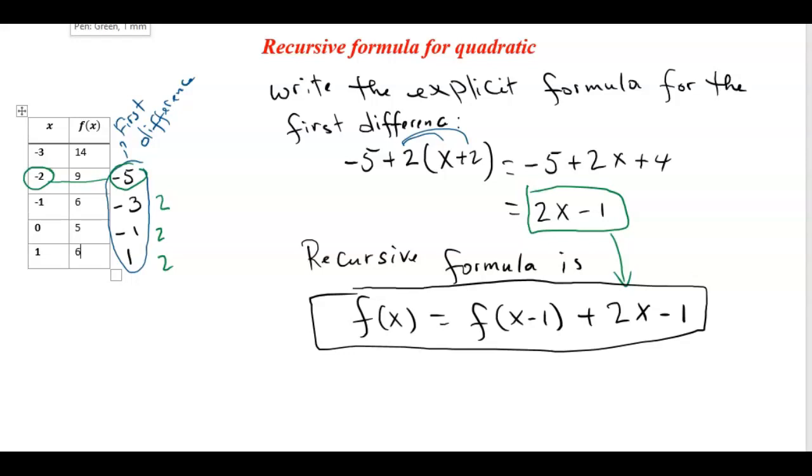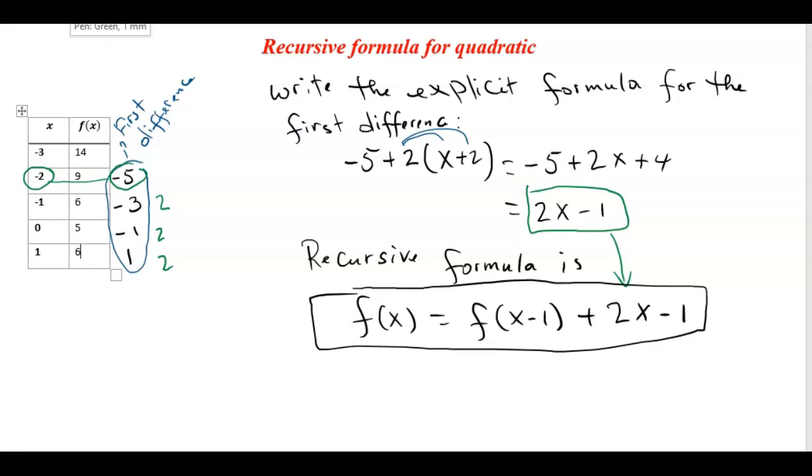The number that you add to the previous term to get the next term is going to change. Then you check for the second difference. Now the second difference must be constant. That must be a single number that you keep adding to get your next term. That number doesn't change, so that's why we say it's constant.